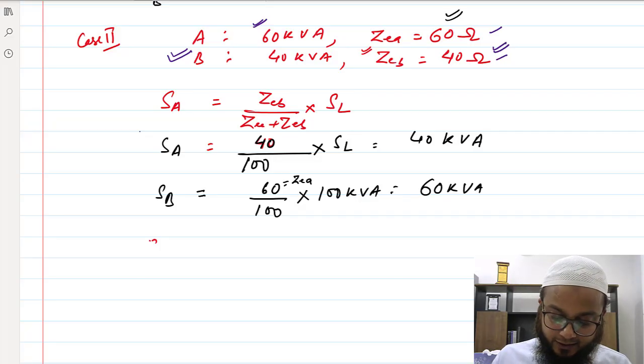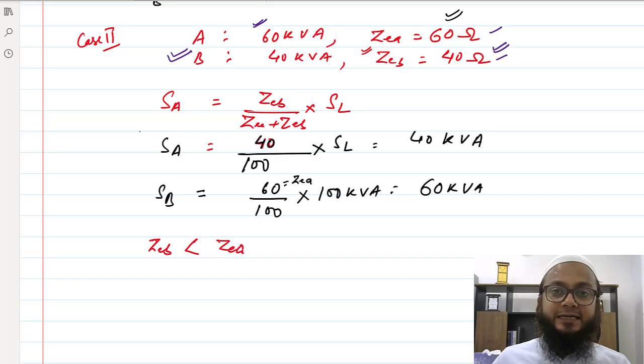Let's say here ZEB is smaller than ZEA. So in this condition, transformer B will actually decide what would be the rating of the load, the maximum load.